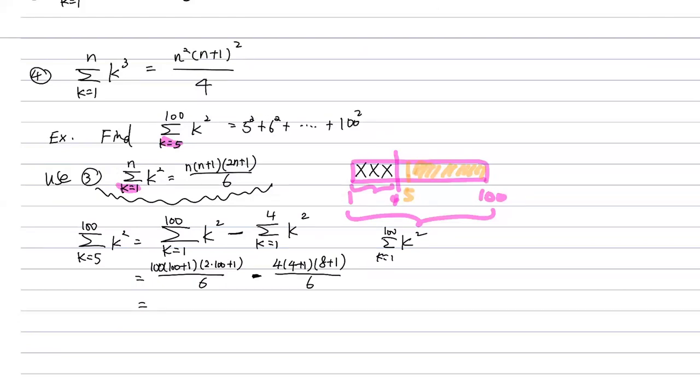The first number gives you 100 times 101 times 201, divided by 6, which is equal to 338,350. My second one is 4 times 5 times 9, divided by 6, which is equal to 30. So we're going to have 338,320 as our answer.